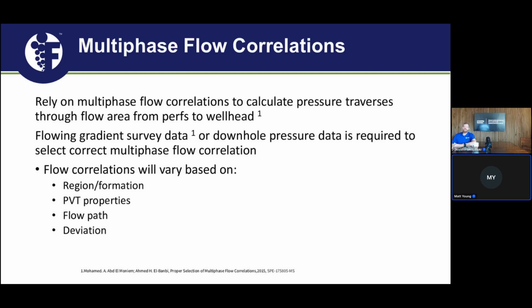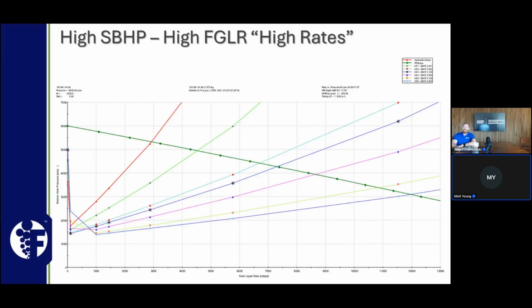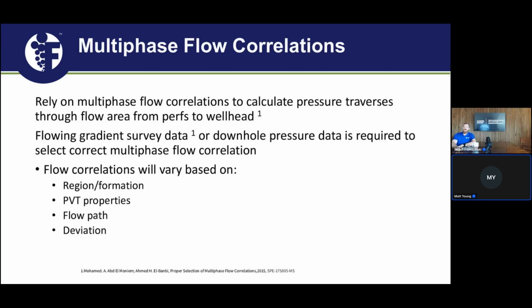So one of the things I always like to start with is that we need to make sure we have our correct flow correlation. I will say that typically, a good guideline for flow correlations, primarily for lower 48, and of course this doesn't cover all wells in all areas, but just generalizing here, is for tubing flow, 3.5 inch tubing or smaller, Hagedorn and Brown is typically a relatively safe flow correlation.